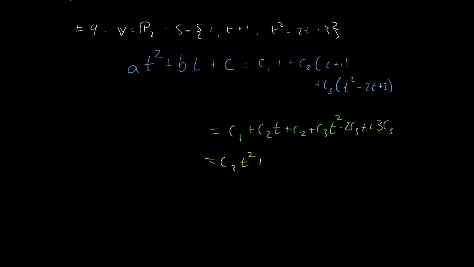So everything that has a t I would also group. So I have a c2 with a t, and then I also have a minus 2 c3, both those multiplied by a t. And then just the constants by themselves, I have c1 plus c2 plus 3c3.